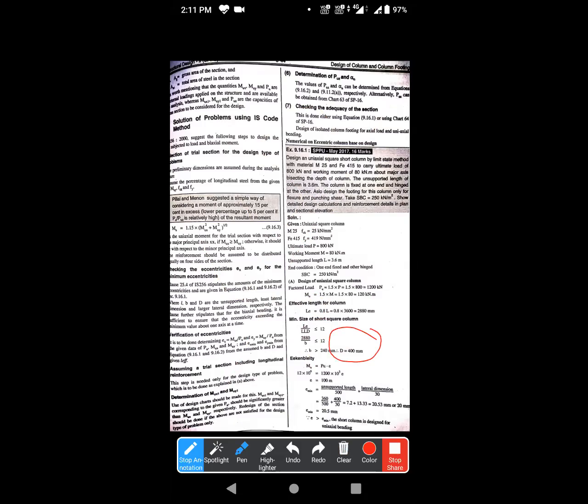Then you have to check the eligibility: Mu is equal to Pu into e, where e is the eccentricity.